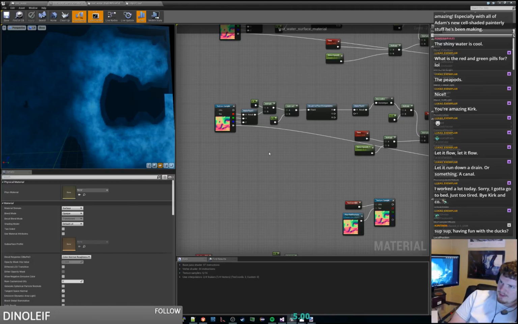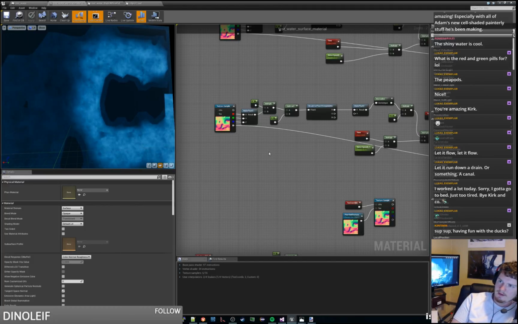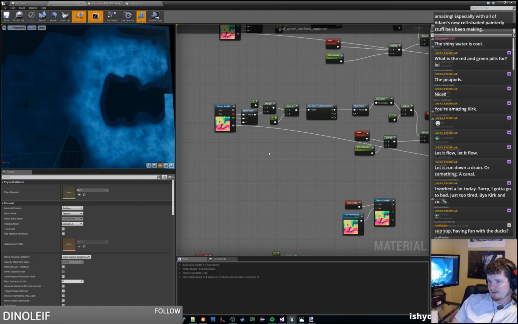The problem is we can't change the speed. It has to be moving at the same speed, otherwise everything goes straight to hell with the texture.